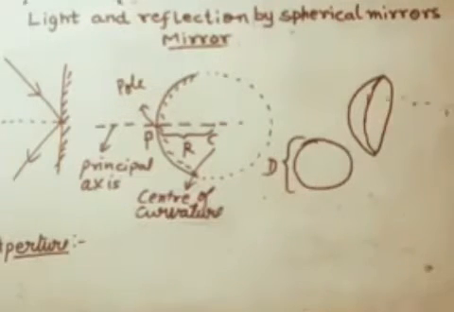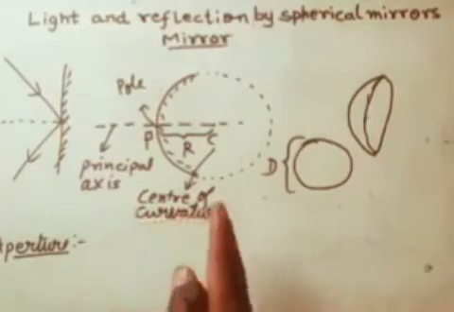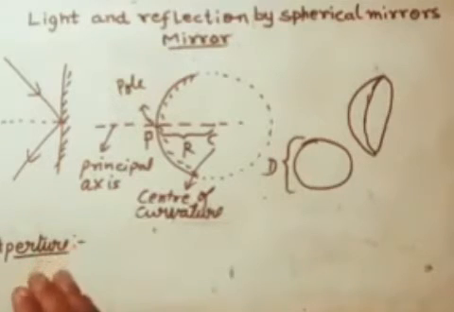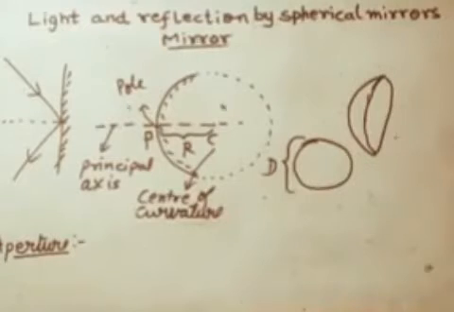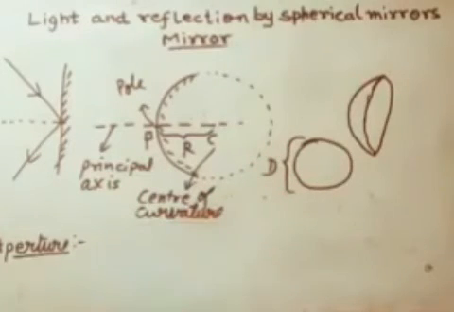Till now, all the definitions which are applicable on this convex mirror are also applicable for concave, but now things will change. There comes a definition by which the entire context changes. The next definition is focus, which I haven't drawn here yet.